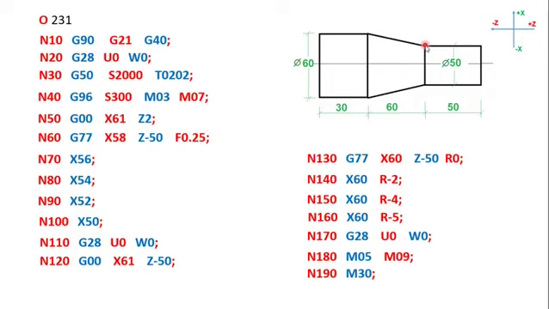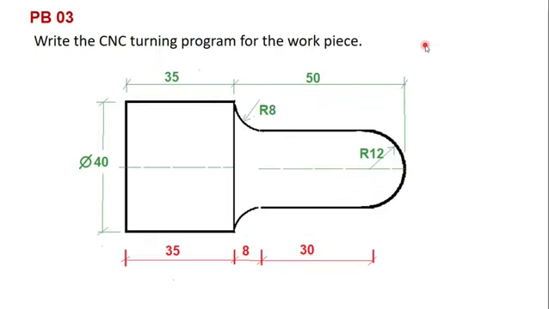Now similarly, if we say we have a circular job, for example in today's problem, that is problem 3, we are taking a very simple program. I will not be doing a complete operation. I will just show you in today's class how you can generate this curve on this side and on this side.